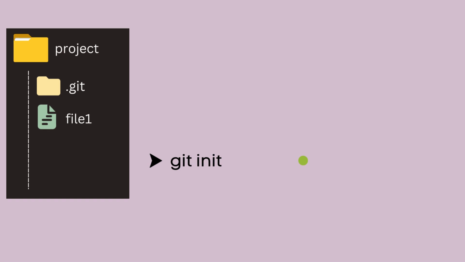The first step is called staging. And it means that we're telling Git that we want to track whatever we did inside this file. So we have to tell Git to track this file for us. And we do that by git add and the name of the file, in our case file1. And when you run git add file1, it stages this file, meaning that it knows that it has to track this file now. But nothing's done yet.